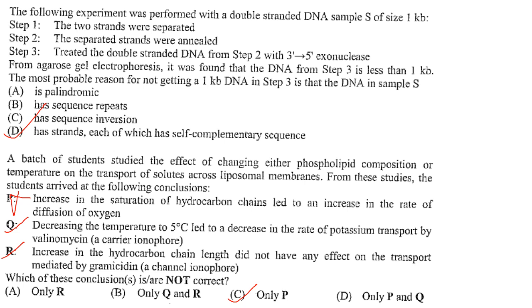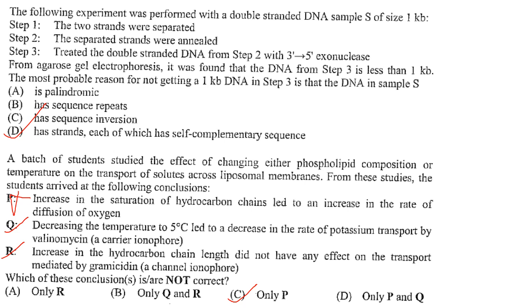Then next one. R: Increase in the hydrocarbon chain length did not have any effect on the transport mediated by gramicidin, a channel ionophore. Gramicidin is an ionophore that forms channels in the membrane allowing ions to pass through.